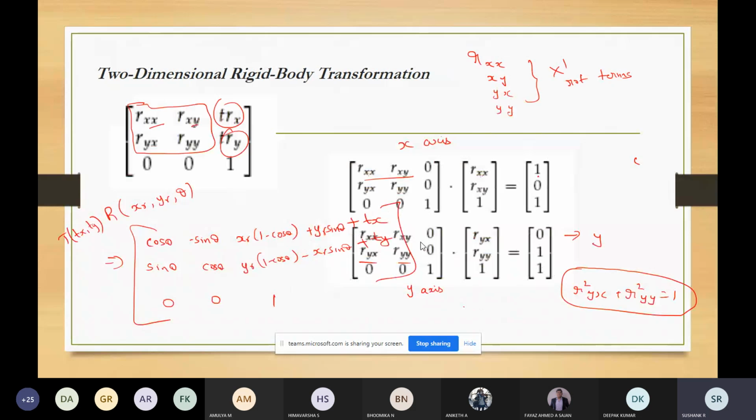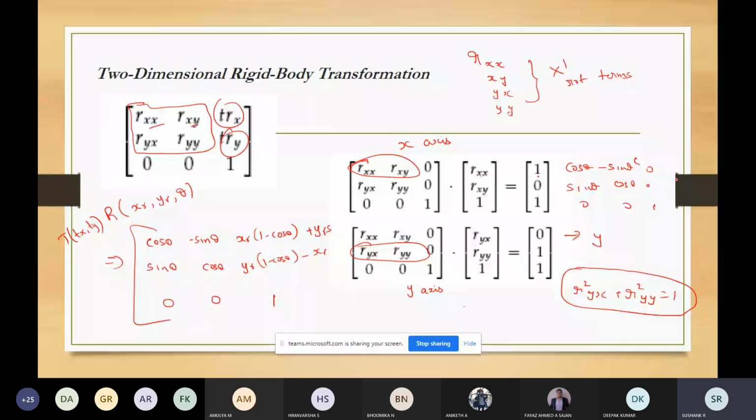Here, what we are supplying, we know that this is along the x-axis, y-axis. So here we are supplying cos theta, sin theta, minus sin theta, cos theta, 0 0 1.